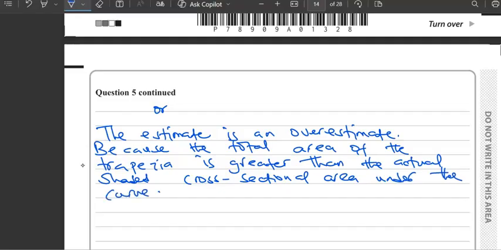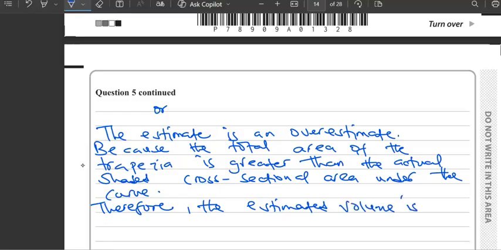So with this, we can also say that therefore the estimated volume is greater than the true volume.